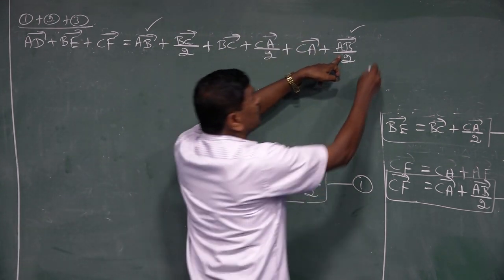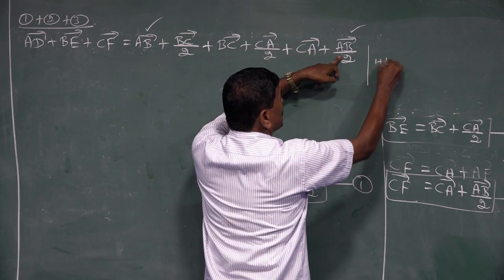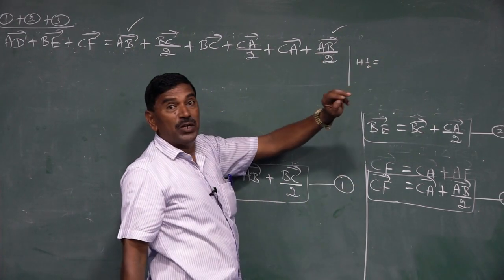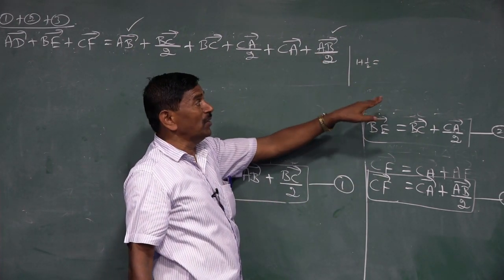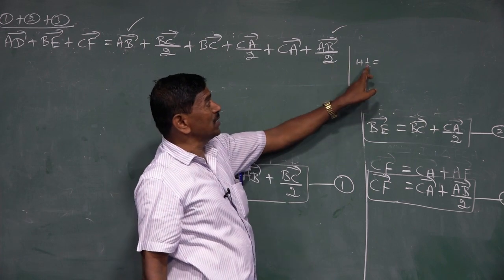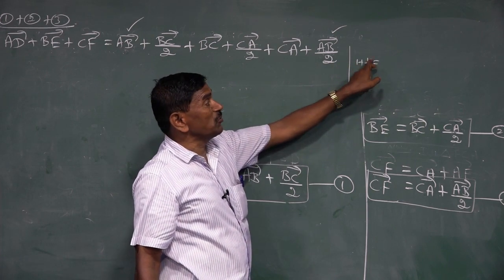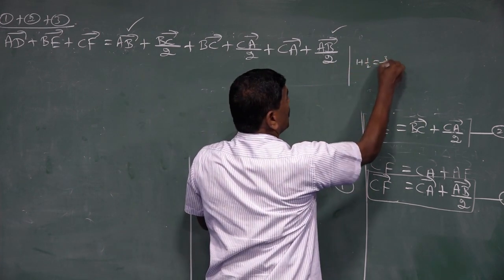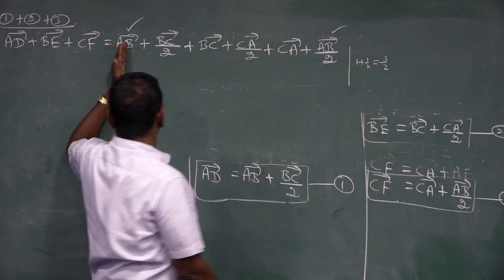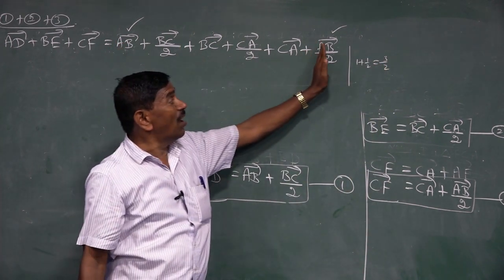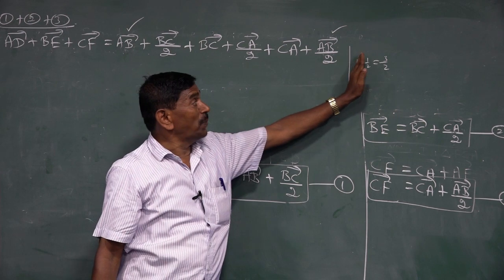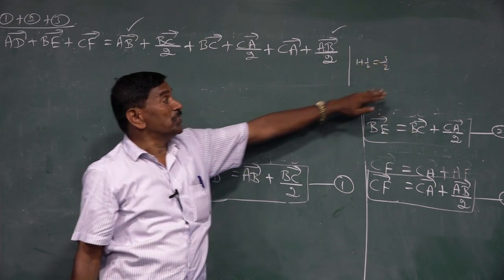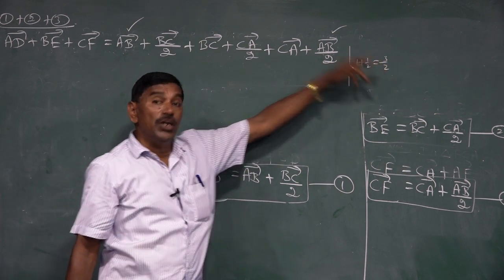Rough work: 1 plus 1 by 2 is equal to 1 and a half, which is 3 by 2. Otherwise, 1 times 2 is 2, plus 1 is 3, so 3 by 2. So 1 time AB vector and half time AB vector, 1 plus 1 by 2 equals 3 by 2, which means 3 by 2 into AB vector.